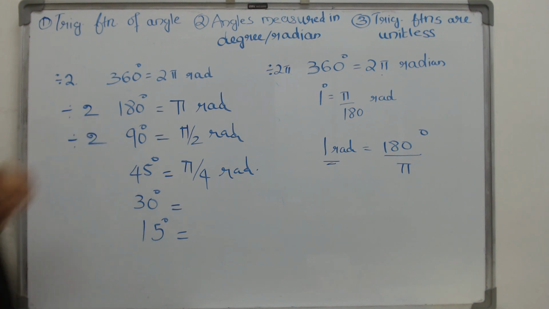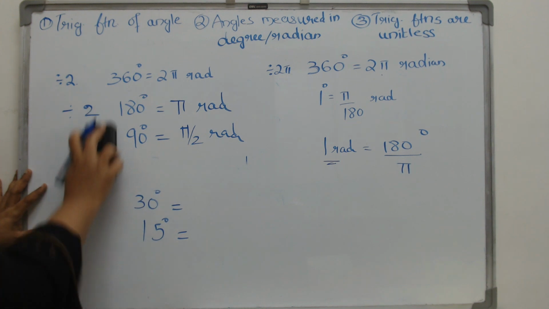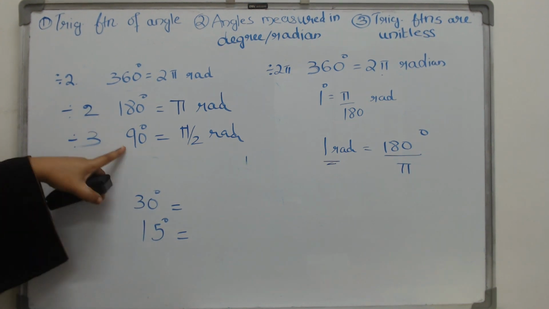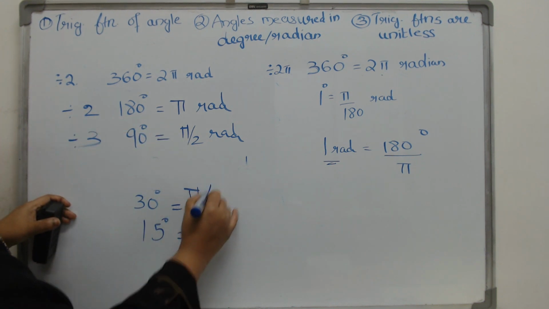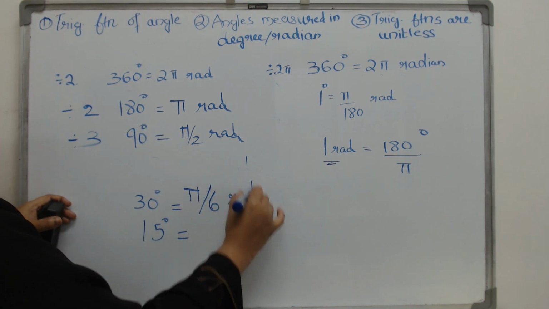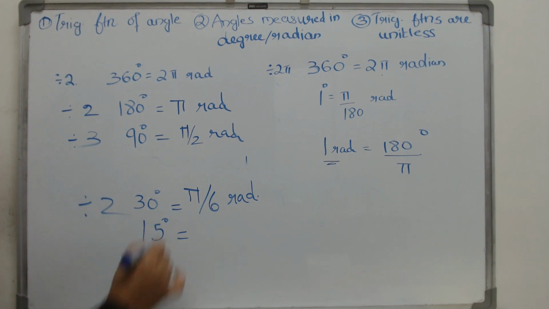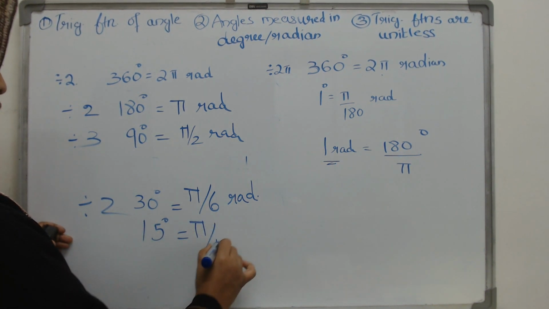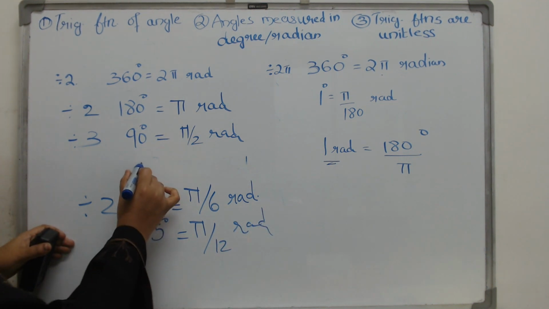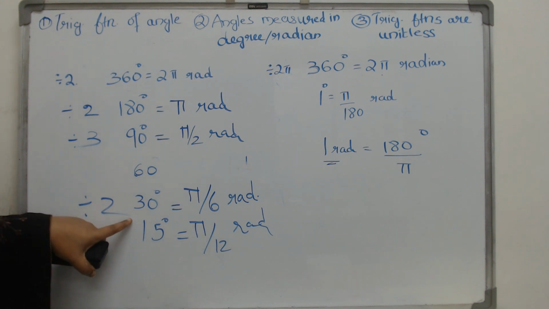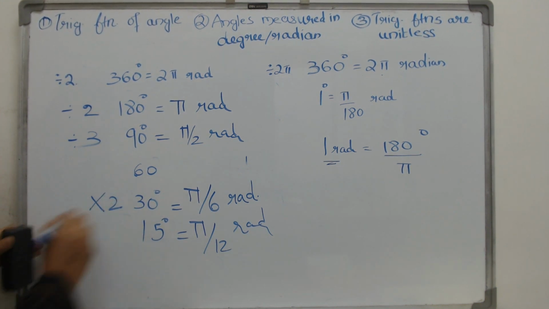Now what about 30? I will go back to 90 and divide it by 3. Then I will get 30 degrees here and here I will get pi by 6 radian. Then how will I get 15? Again divide by 2. You will get pi by 12 radian. And what about 60? How will I get 60? I already have 30, right? Let me multiply it by 2.